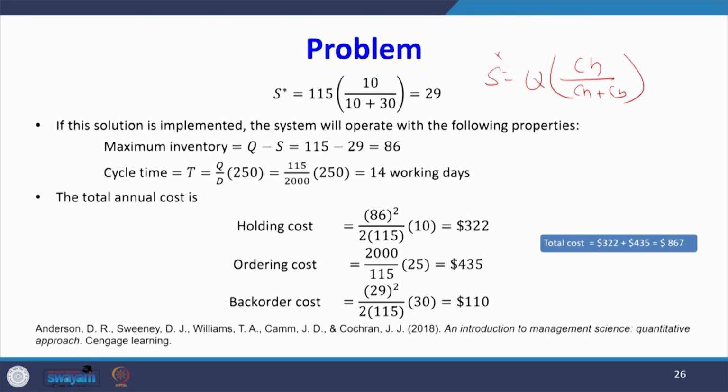From the previous expression we got the value of Q, that is 115. All other values are simply substituted, we are getting the value 29. What is the meaning of this 29? Permissible shortages. If this solution is implemented, the system will operate with the following properties. So, what is the maximum inventory?